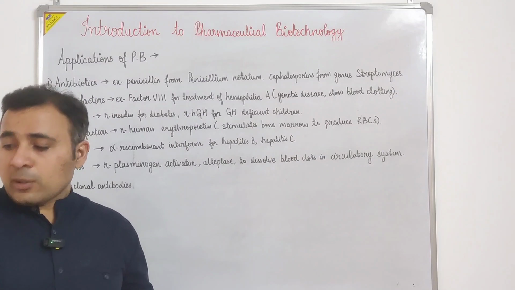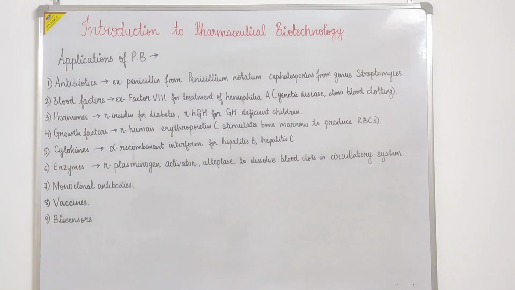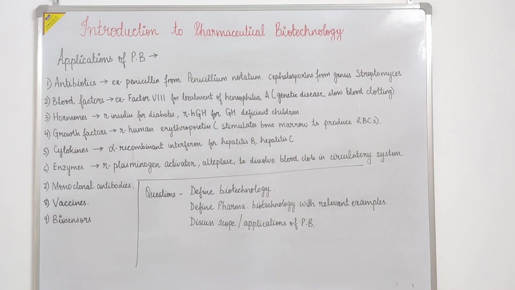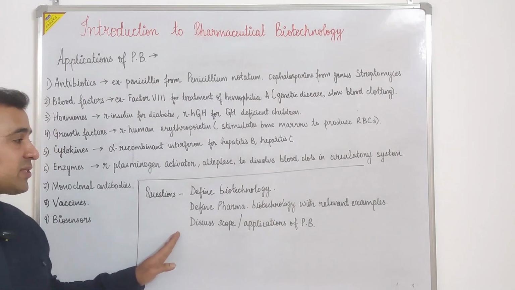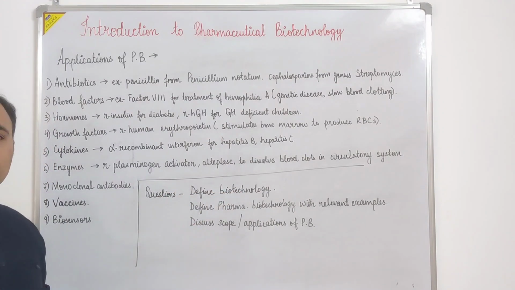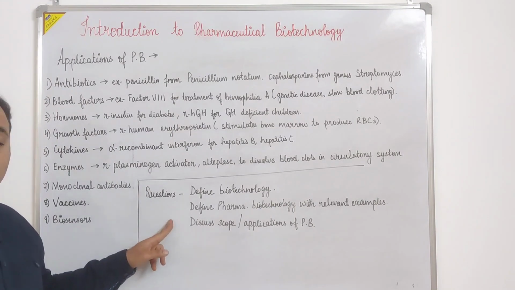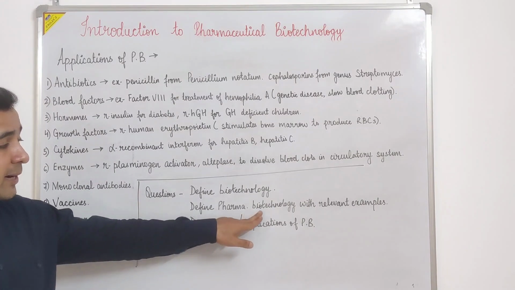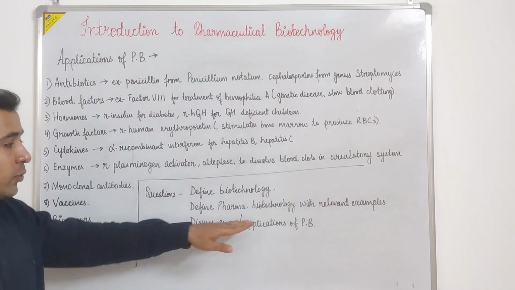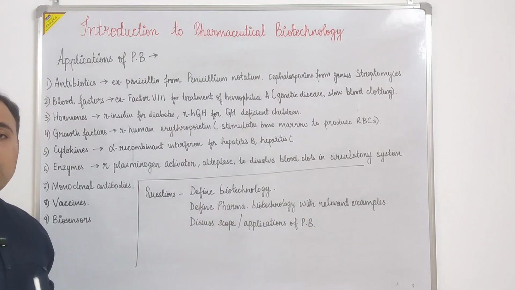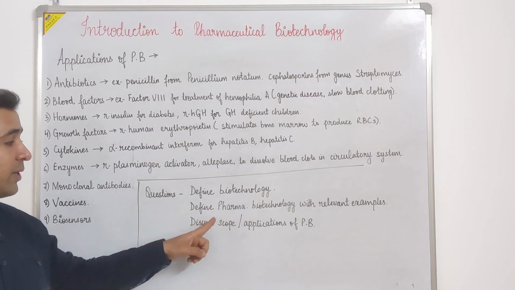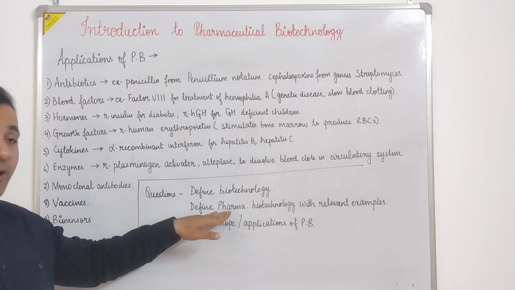Now, in the exam, if you get questions like define biotechnology, you have to define what biotechnology is with a relevant example. Or if you get a question like define pharmaceutical biotechnology with relevant examples, you should write examples from the pharma field.